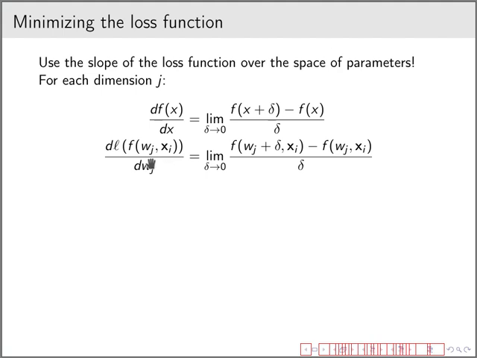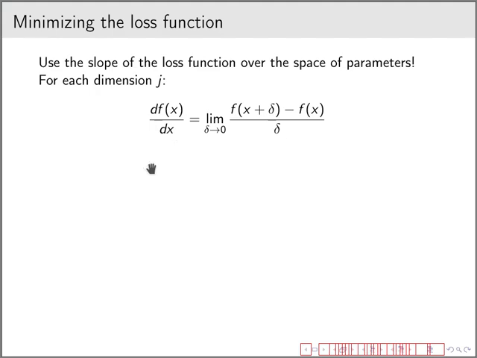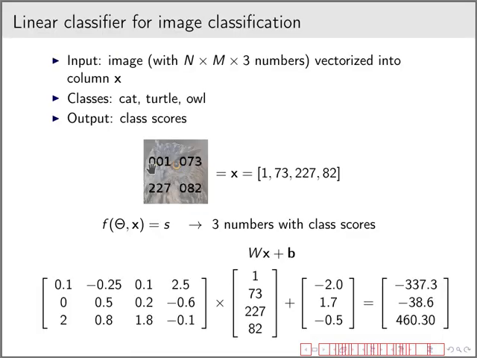So I'm going to compute how the loss changes when I change one parameter. Let me go back a little to show you. When we have this output here, what if I change this first w? If I change that, what would be the effect on the loss function? This is what I'm measuring.